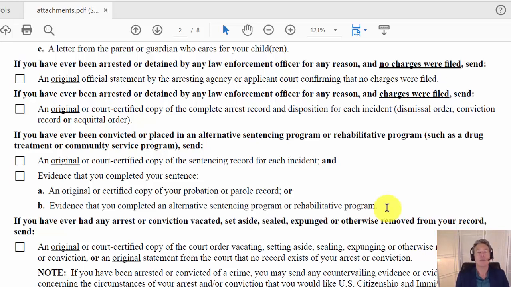So a lot of times, a lot of tricky immigration lawyers will say, oh, well, you know what? You had this cool deal in criminal court where you actually didn't have to plead guilty.